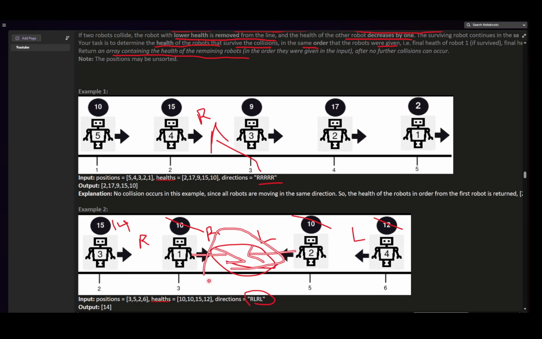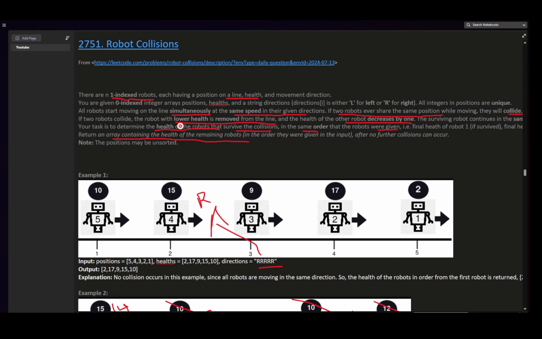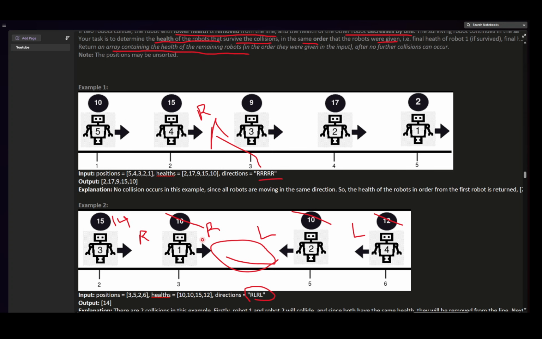And there is a condition stating that whenever a collision occurs, the lower health robot is removed from the line, and the health of the other robot is decreased by 1. For example, with the outer robots, where the collision happens, the higher health is 15 and the lower health is 12.